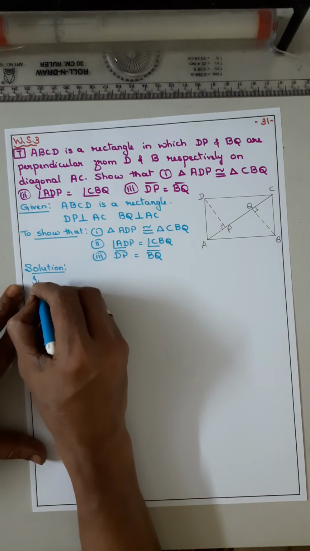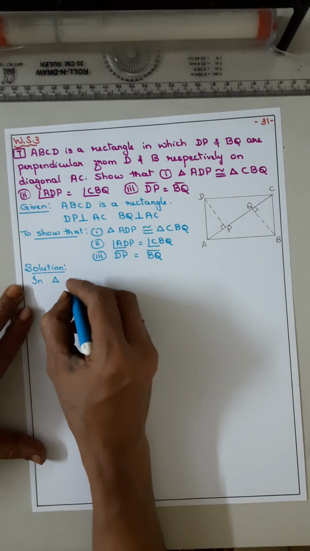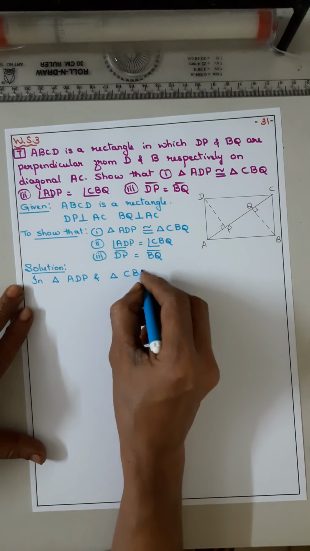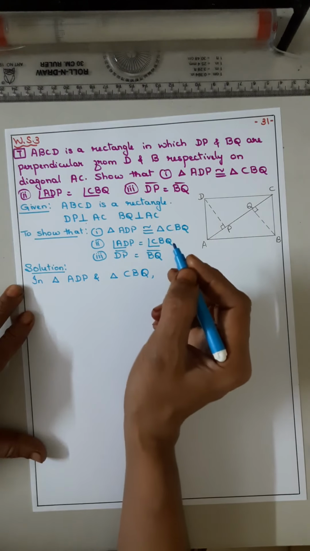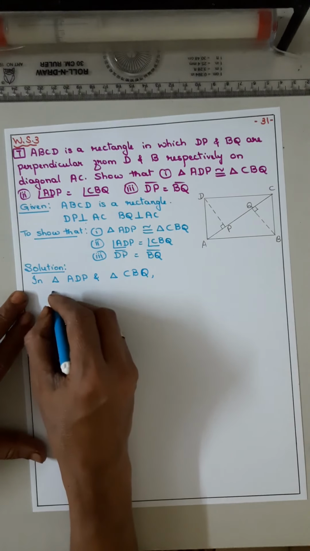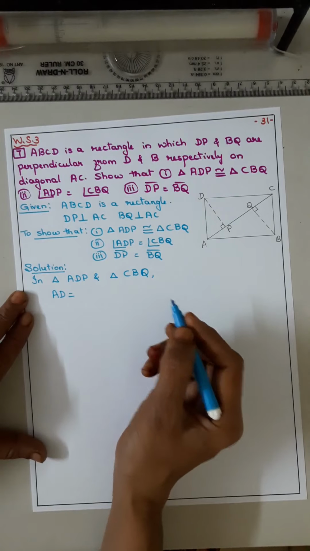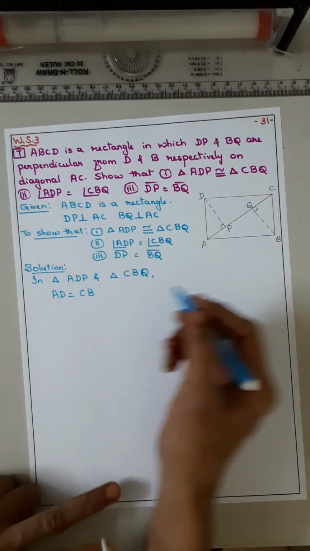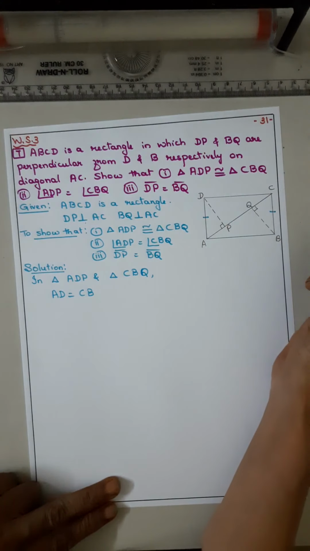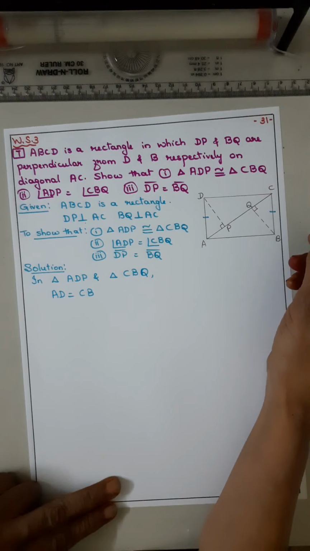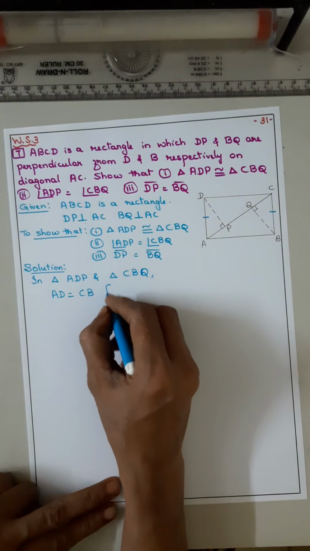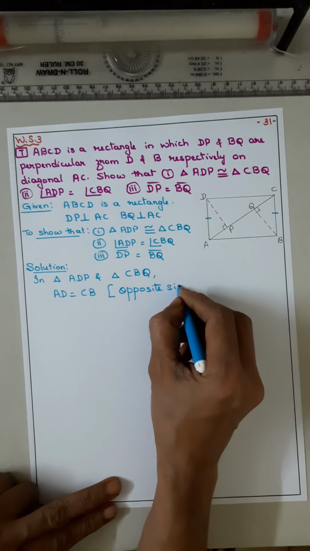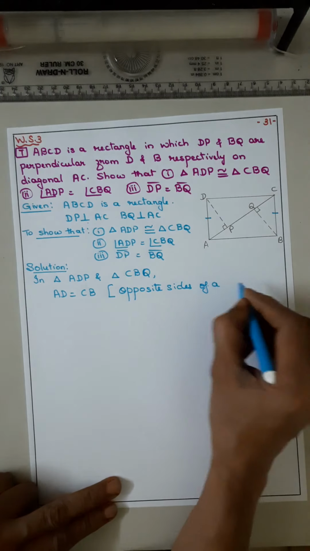In the two triangles ADP and CBQ, first, AD is equal to CB. Why? Because they are the opposite sides of a rectangle.